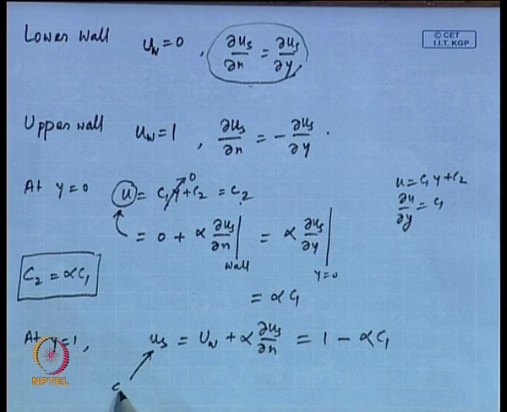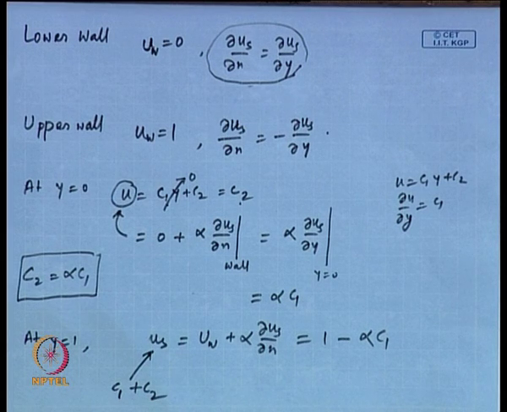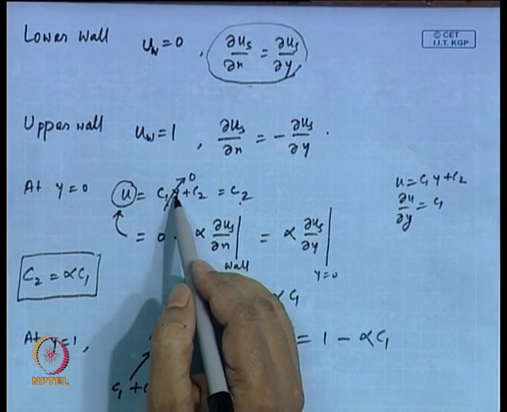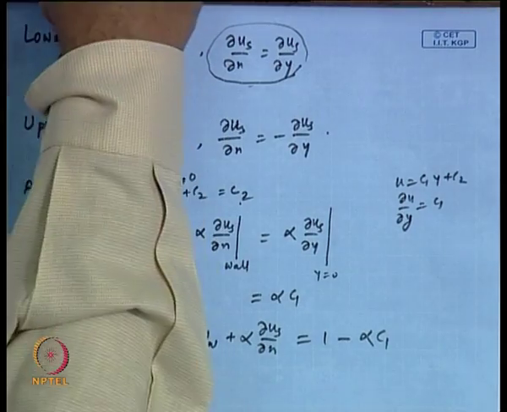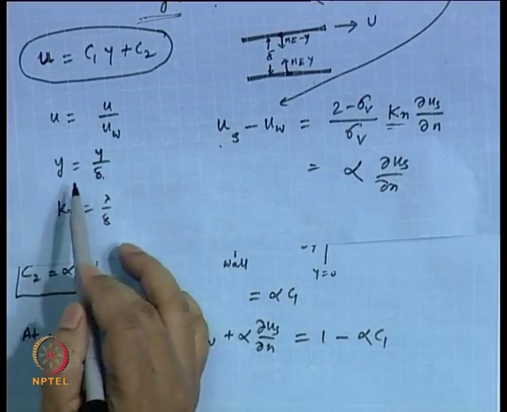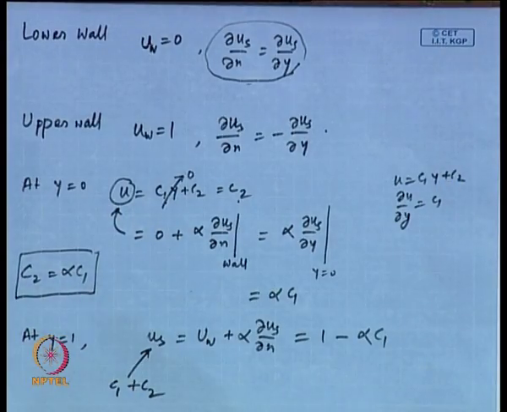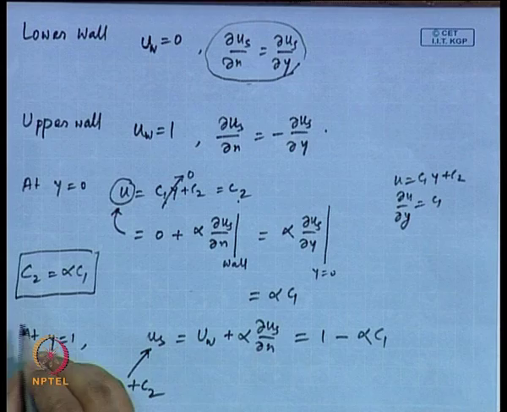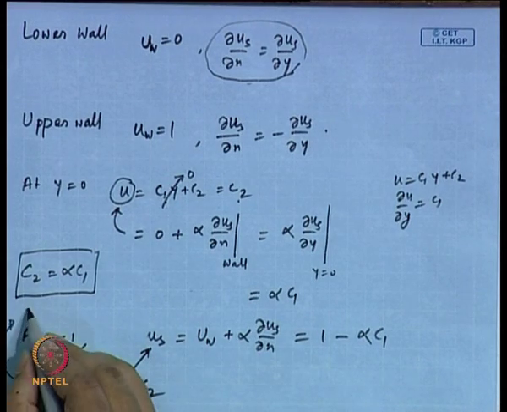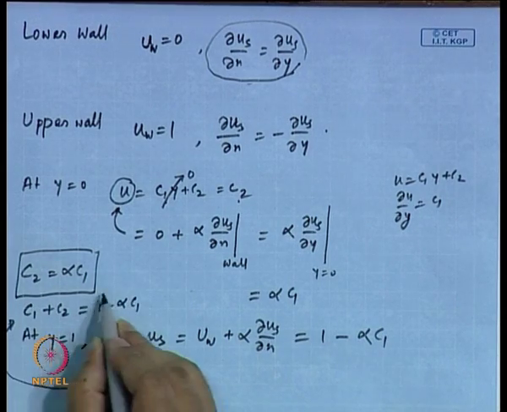Here in this case it would be C1 plus C2, because at the lower wall y was 0, and at the upper wall y is equal to 1, because we defined y as y by delta at the very beginning. So, you have C1 plus C2. So, you have two expressions: one is C2 equal to alpha C1, and the other is C1 plus C2 equal to 1 minus alpha C1.